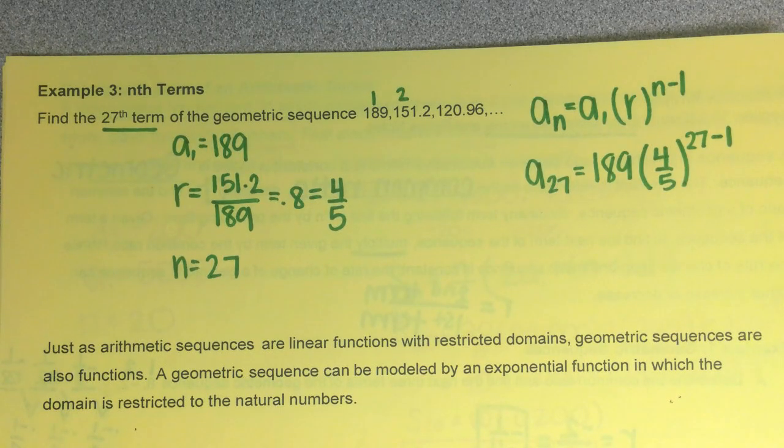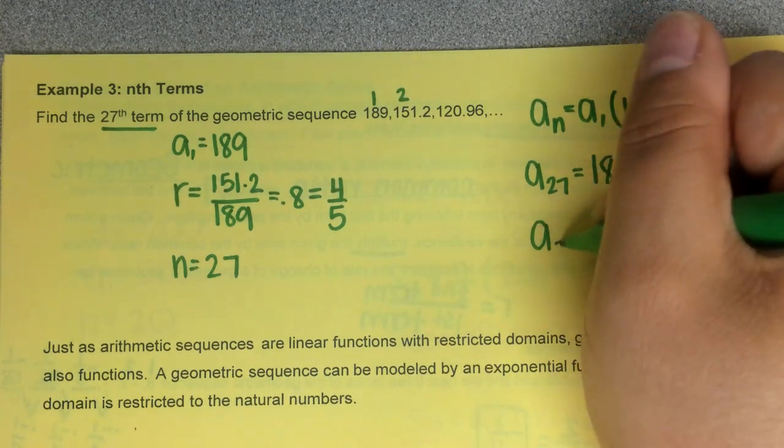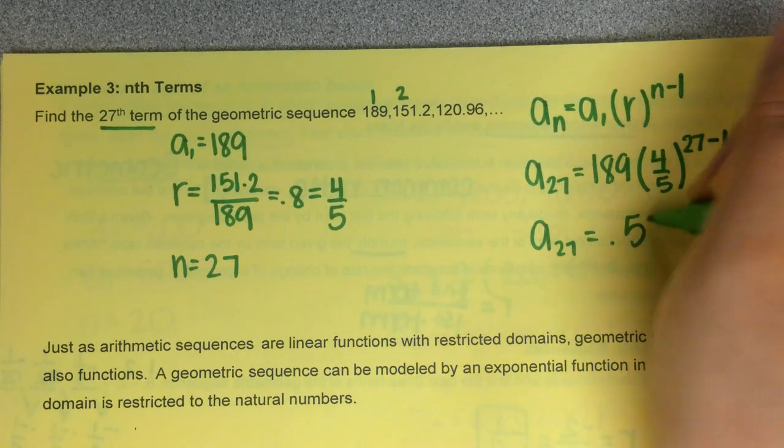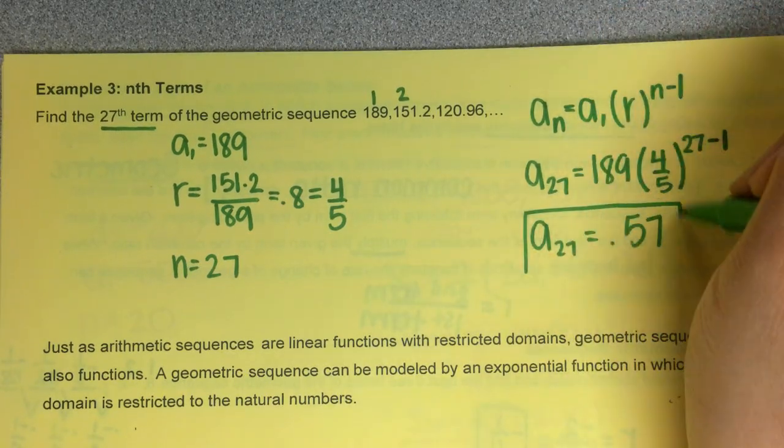No. But on your homework, what do you have? So will I do it to you on your homework? Yes. And I fully expect you just to plug into Desmos, please. So 189 times 4/5 to the 26th power, I get 0.57. So A of 27 is 0.57.